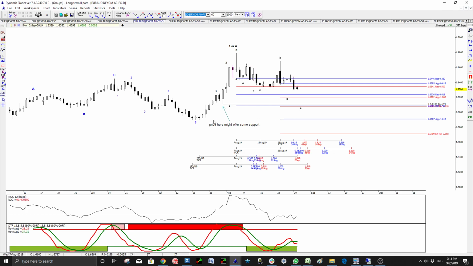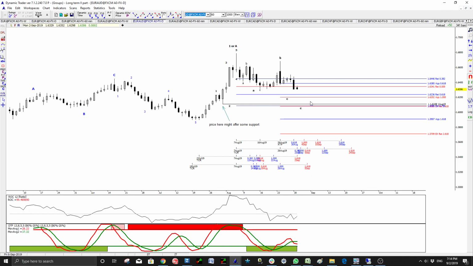Not only that, we have pattern and price support, and also time, right? I have a time zones target for the 2nd of September, like today, or if not, the 4th or 5th of September, where we have another target.